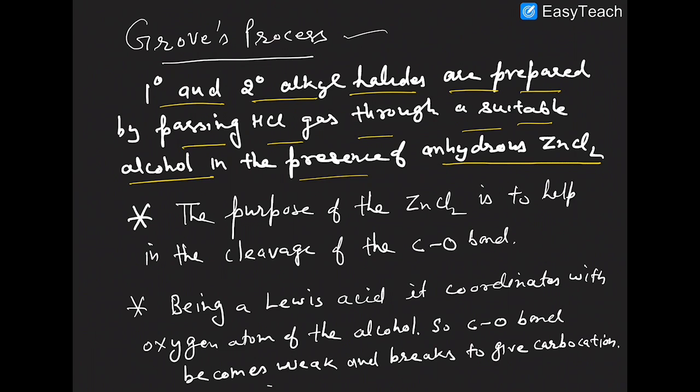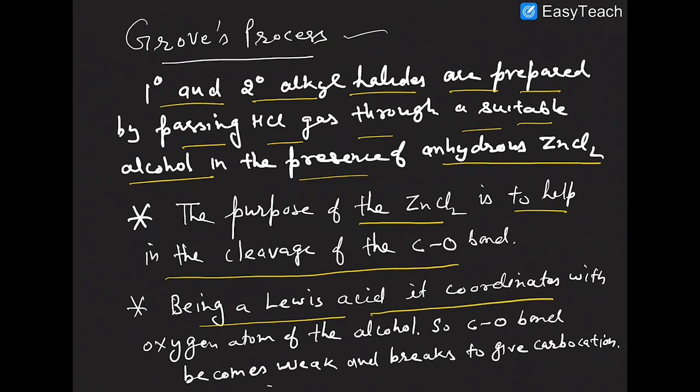The purpose of using ZnCl2 is to help the cleavage of the carbon oxygen bond of the alcohol, being a Lewis acid. Why? Because zinc has vacant orbitals. It coordinates with the oxygen atom of the alcohol, so the carbon oxygen bond becomes weakened and breaks down, and the formation of the carbocation can occur very easily.